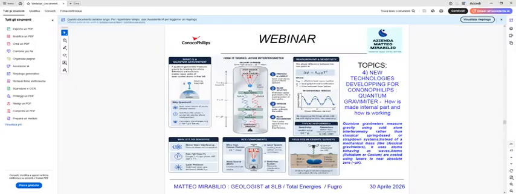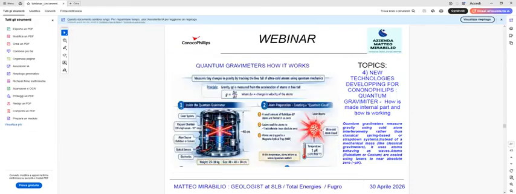So all is made by the interferogram of the response of atoms, and it uses atoms behaving as waves. Atoms like rubidium or calcium are cooled using laser to near absolute zero temperature. We measure the thin change in gravity by tracking the free fall of ultra-cold atoms using quantum mechanics.